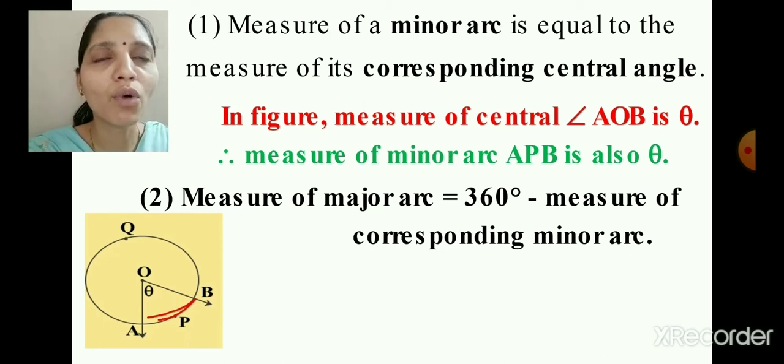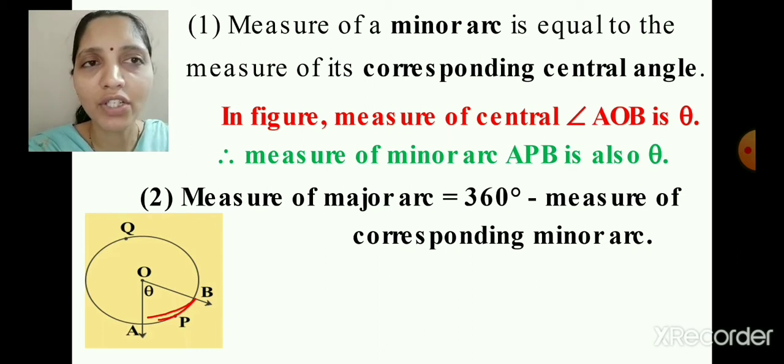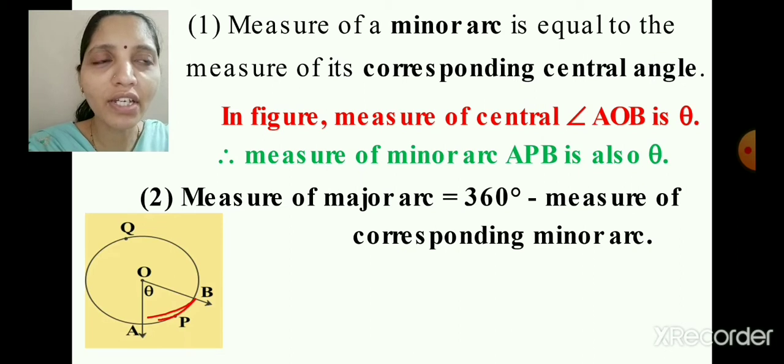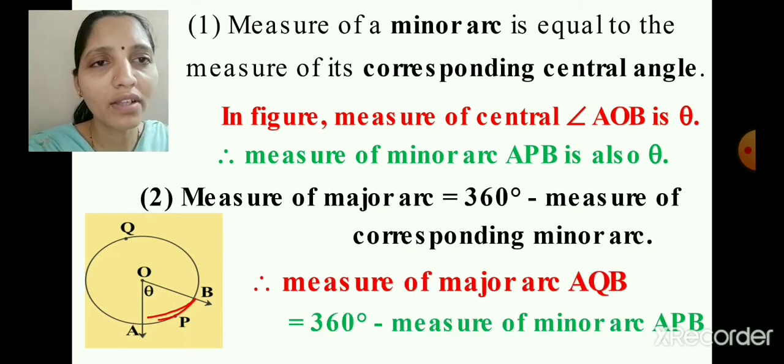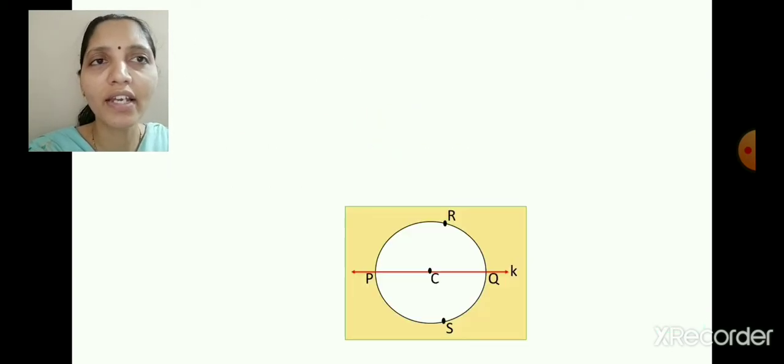If you want to find the measure of a minor arc, you should know the measure of the corresponding central angle, and if you know the minor arc, you can find the major arc also. Are you getting it? Now in this figure, the measure of major arc AQB is equal to 360 degrees minus the measure of minor arc APB. Are you getting this?